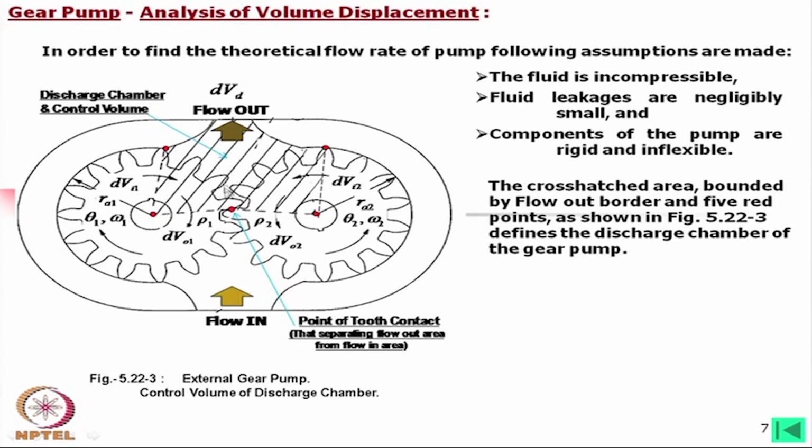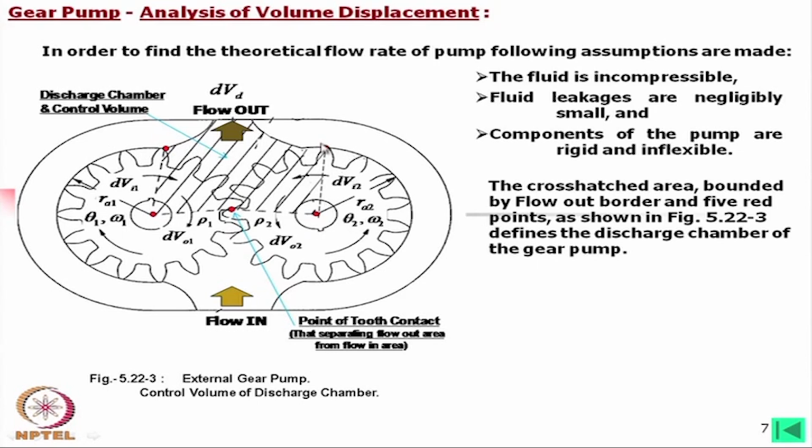If within this contact zone one tooth comes and the open passage is opened, then the analysis will be complicated. That also we have considered. That means when one pair is in contact, only this point is moving on the wall.